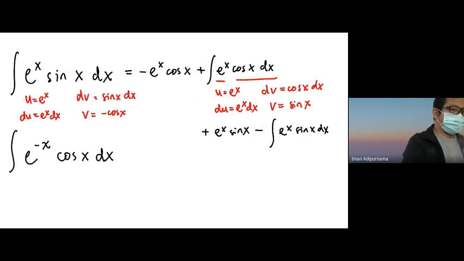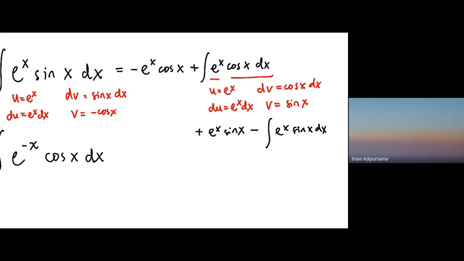If you're not careful with these integrations, you make another one. But you can stop here. You can move this part to the other side because it's the same term, right? So that's how you solve that.